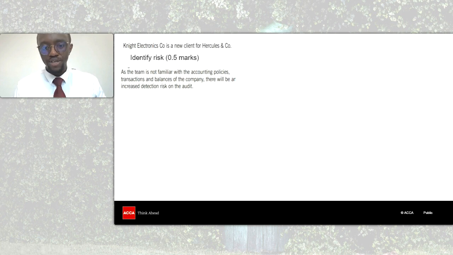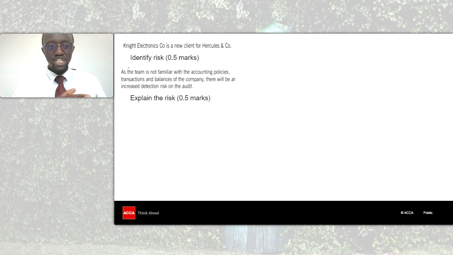Now, allow me to touch on something here. We don't say there's an increase in detection risk, and that's all. No. You explain why. One of the hacks I give my students is this: even if you want to write, there's a risk of receivables being overstated, after that, use the word since.